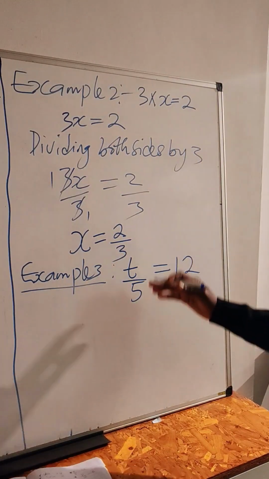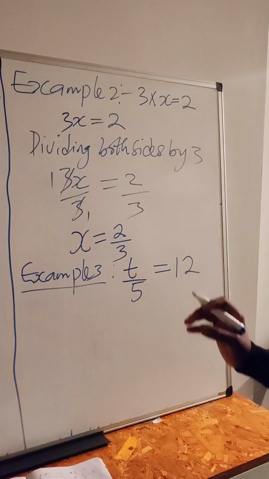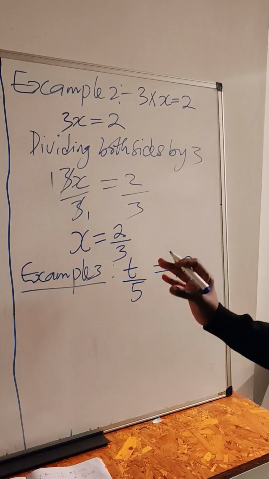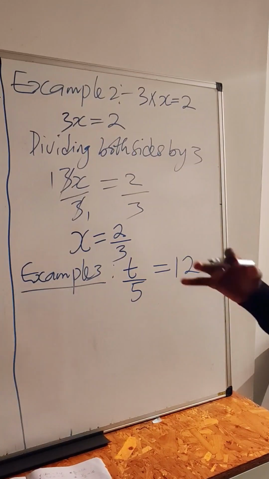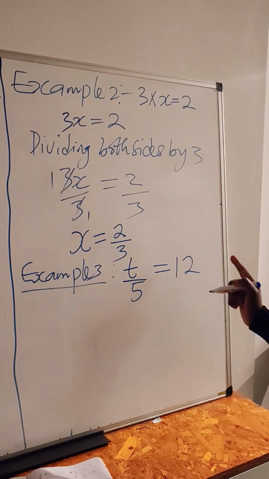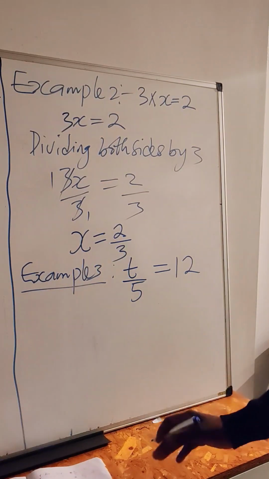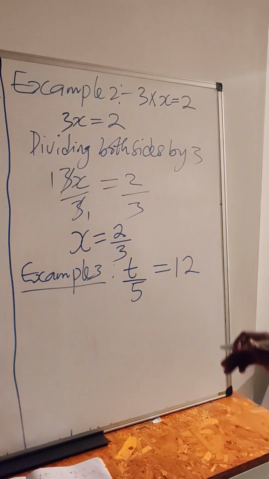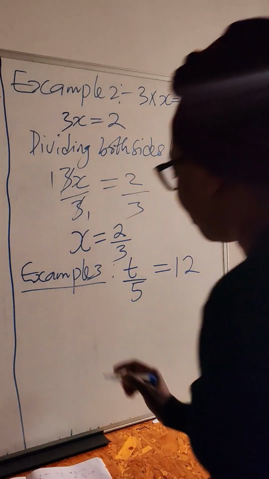The relationship between t and 5 is a divisible relationship. So to counter this divisible relationship, we introduce a multiplicative relationship of the same value. Since we have division already, we counter it by multiplication. So we multiply both sides by 5.